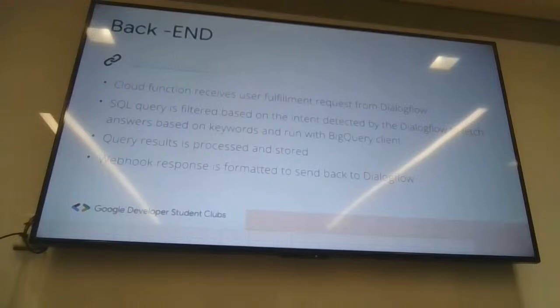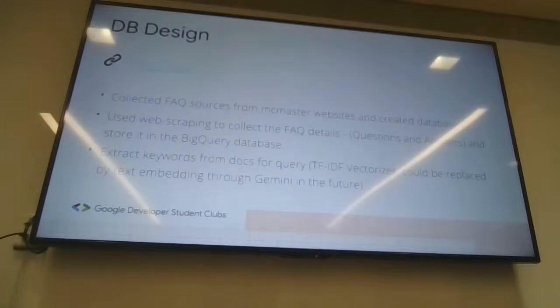So based on the intent provided by the user, we have written code in the cloud function which identifies the intent, then runs the corresponding SQL query, and then gives the response back. That is our main backend, which works in this way. We have also tried to format it in a JSON structure so that it could give the response back to Dialogflow, where you can see the final results. And then moving on, we have DB design.